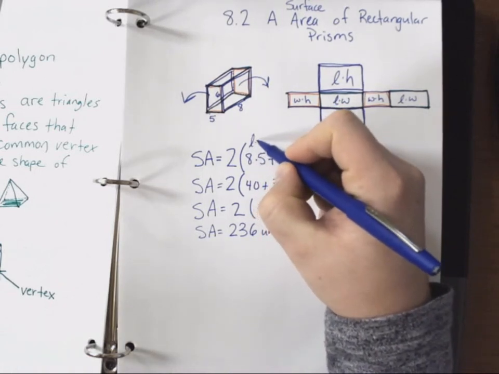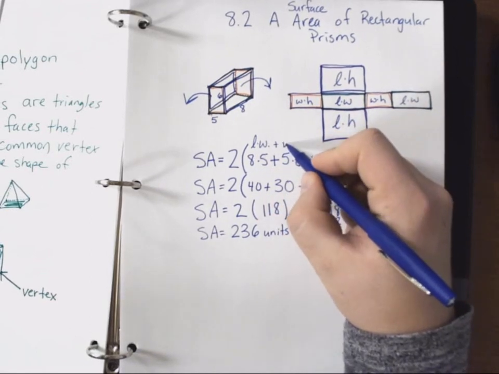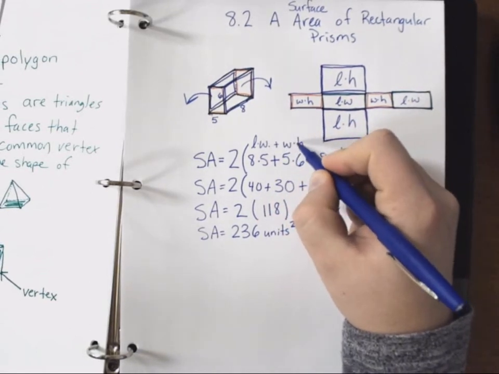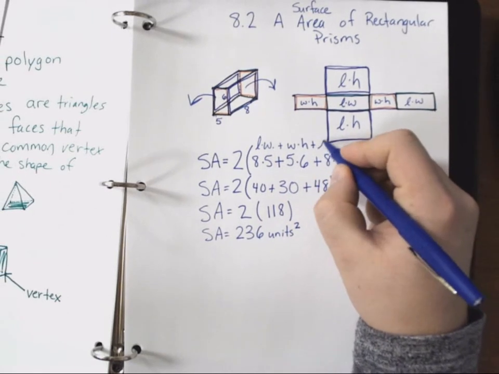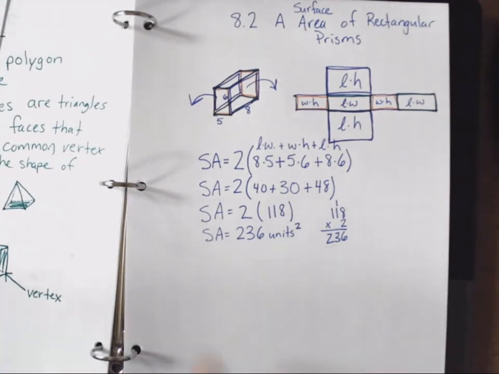So length times width plus width times height plus length times height. So you're going to take those numbers, plug them into the formula and see if you can find the surface area of that rectangular prism. And then we will talk about it together as a class.